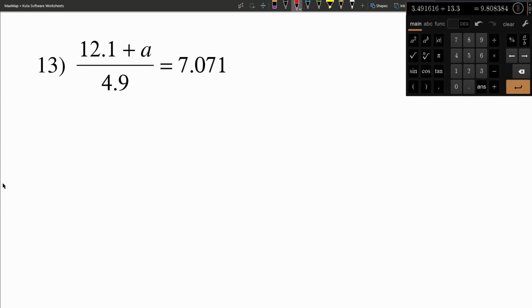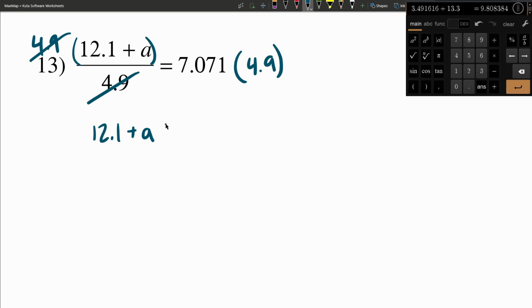Moving on to number 13, we start by, well, here we have it again. Our numerator is where our variable is contained, so we're going to start by multiplying by our denominator on both sides. And that's in order to get that divided by itself equal to 1, and 1 times the numerator will just be our numerator of 12.1 plus a. And that's equal to, doing this out on our calculator, 7.071 times 4.9, 34.6479.